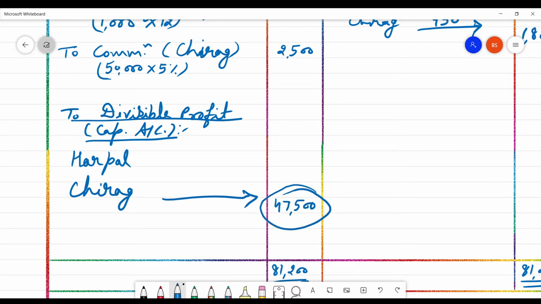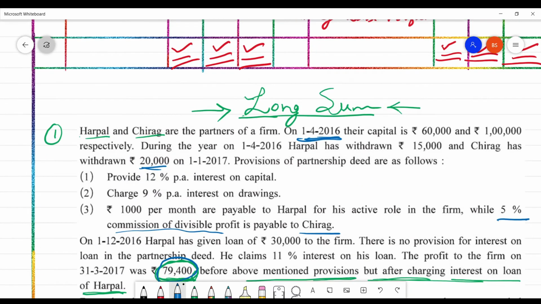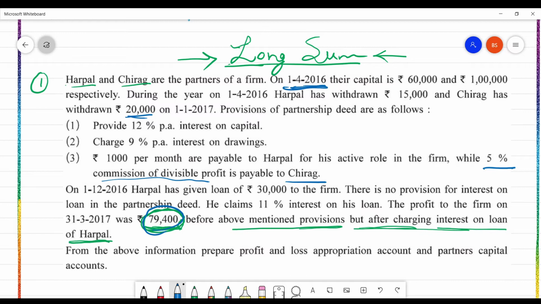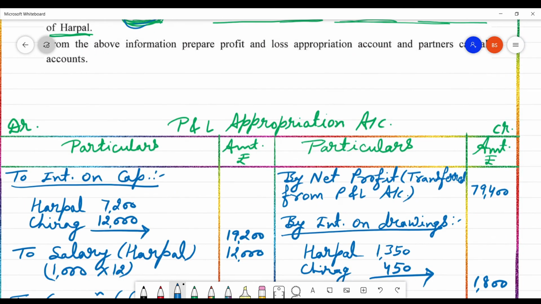We will distribute 47,500 in the P&L ratio which is given in the sum. If the P&L ratio is not given in the sum, you have to distribute the amount of divisible profit in equal ratio. Here the P&L ratio is not given, so we will distribute this divisible profit amount in equal ratio.